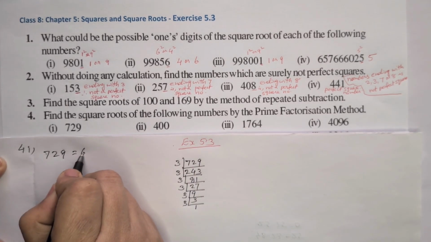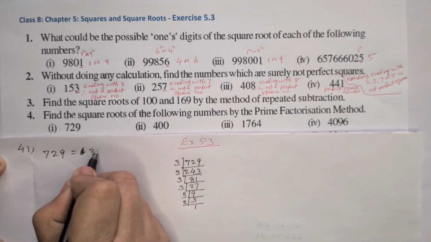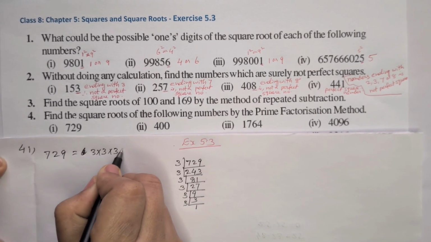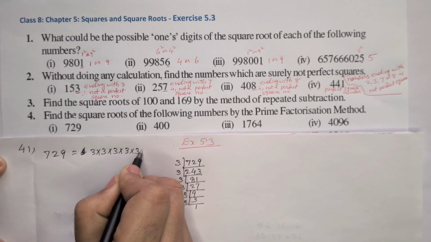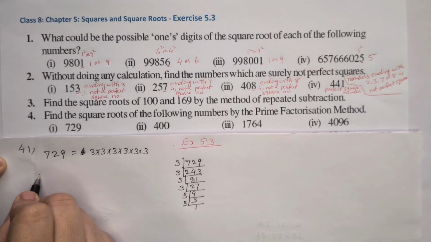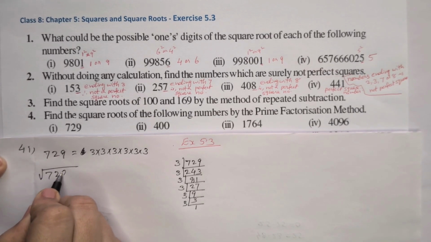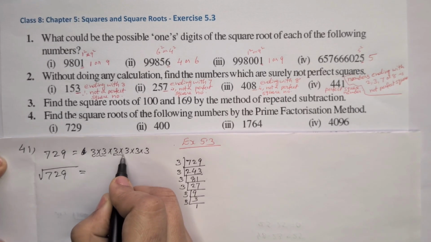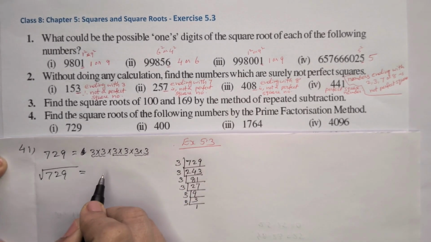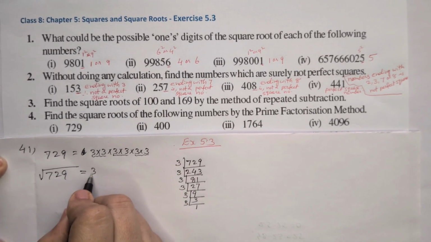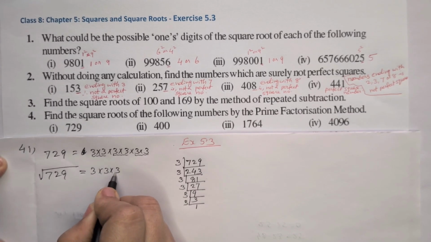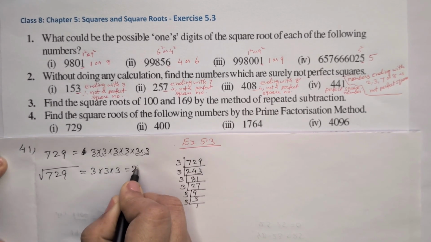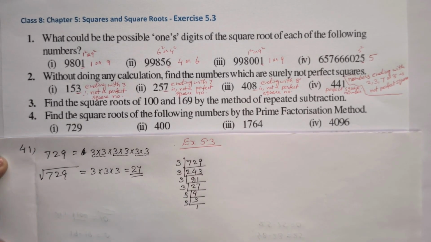We can write 3 into 3, 6 times. So square root of 729 is equal to, we have to take 1 from each pair. So 3 into 3 into 3, which is equal to 27. Square root of 729 is equal to 27.